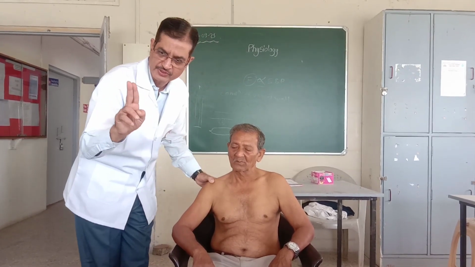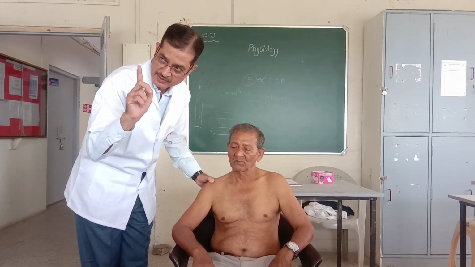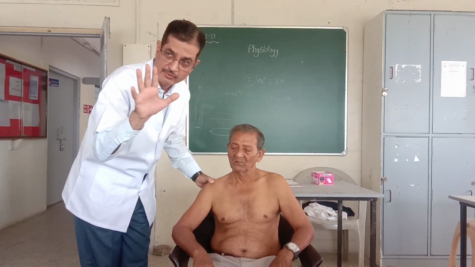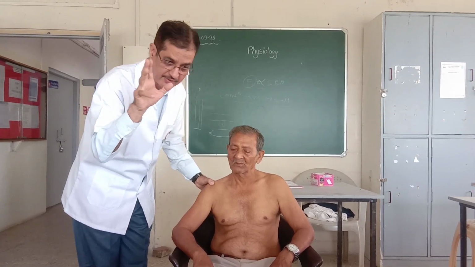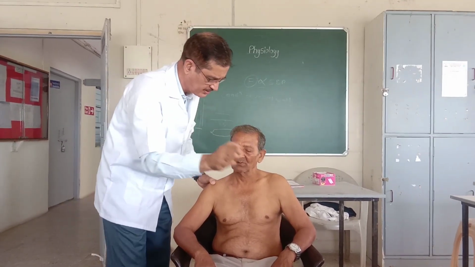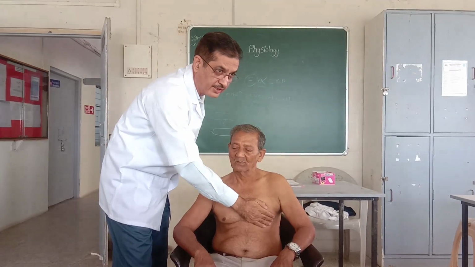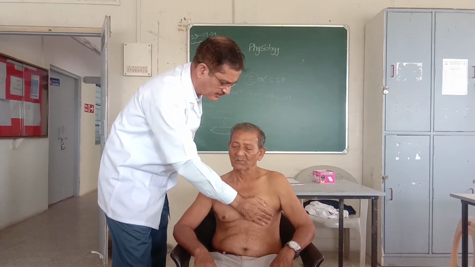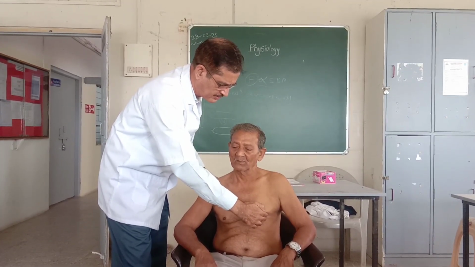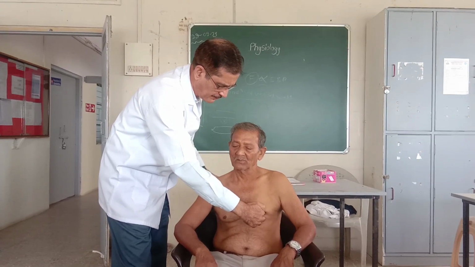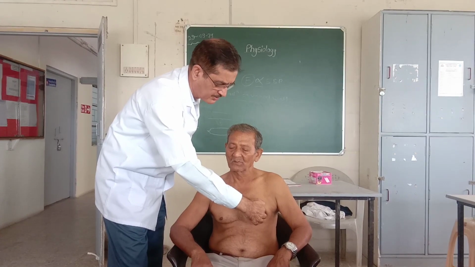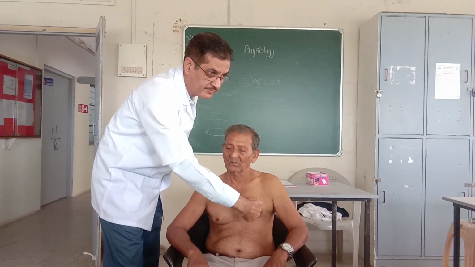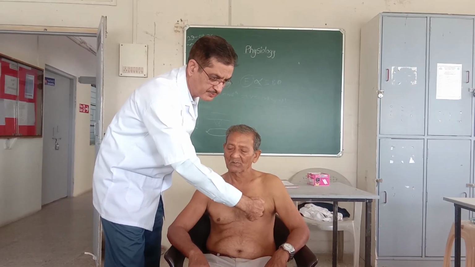I am using two fingers, or even one finger, to locate and palpate the apex beat. I will again repeat: place your hand on the precordial region, and with the help of two fingers try to palpate the apex beat slowly at one region. You will be able to find it. Yes, I am able to feel the apex beat.